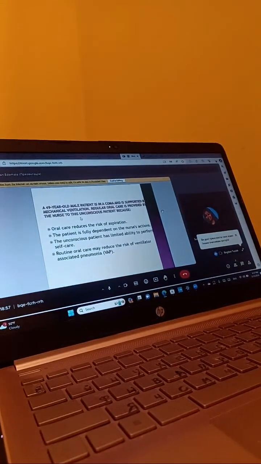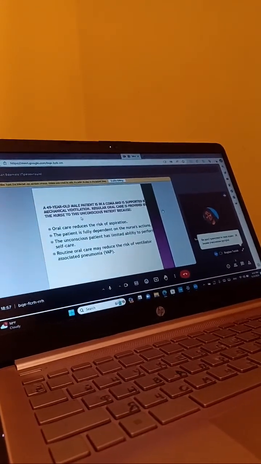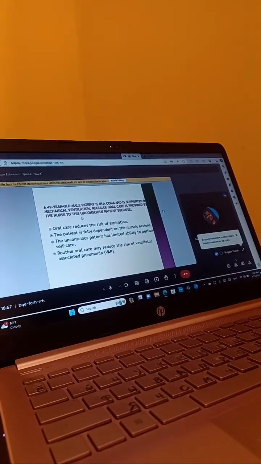Oral care reduces the risk of aspiration. Is that also correct or wrong? It can be correct. Okay, next one. Yes, the patient is fully dependent on the nurse's actions. In coma, yes.